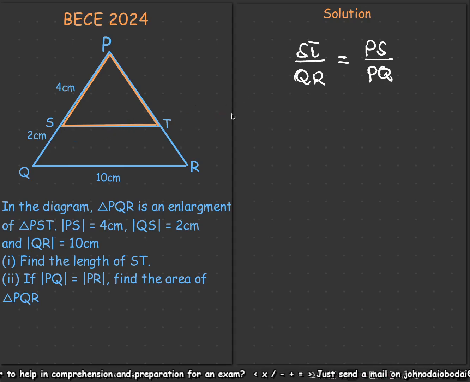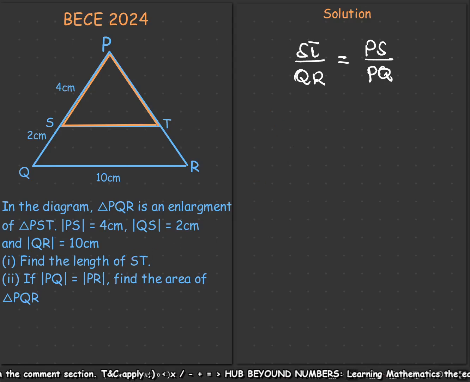You can also write it the other way around: QR over ST is equal to PQ over SP. The only thing you need to be consistent about is that if you are using small over big on one side, it should be small over big on the other, and if big over small, it should be the same. You get it? So now let's do a substitution and find ST.